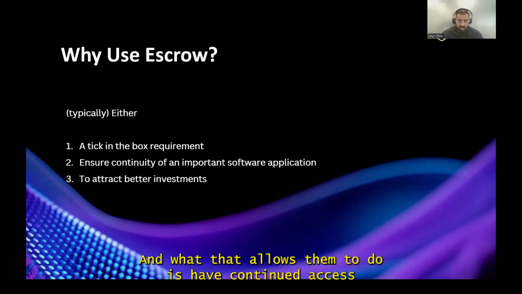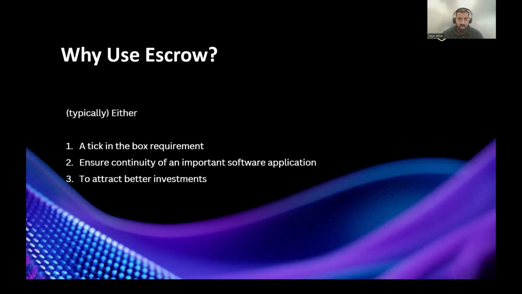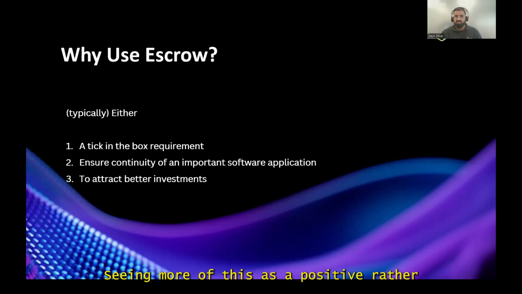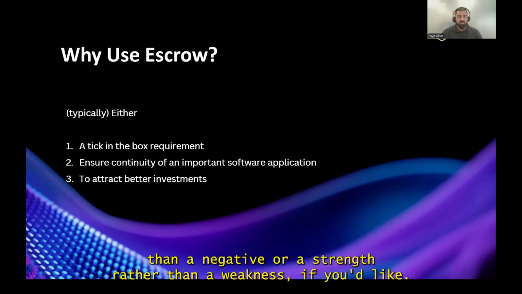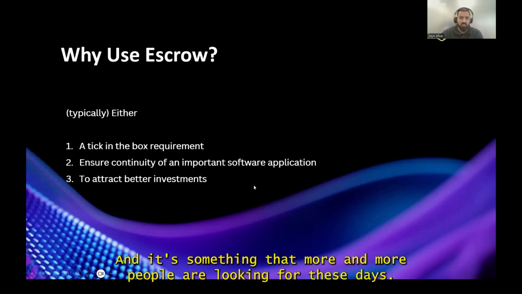And what that allows them to do is have continued access to source code, documentation, and other key materials should a relevant event occur and the developer no longer be in the position to support or maintain. Seen more as a positive rather than a negative, or a strength rather than a weakness, if you like. It shows foresight, it shows commitment to a long-term relationship, and it's something that more and more people are looking for these days.